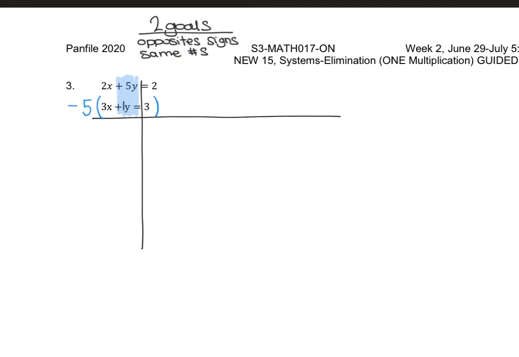Now watch what that's going to do. This one I'm not going to touch. So I'm going to get 2x plus 5y equals 2. On the bottom, I'm going to get negative 15x minus 5y equals negative 15.